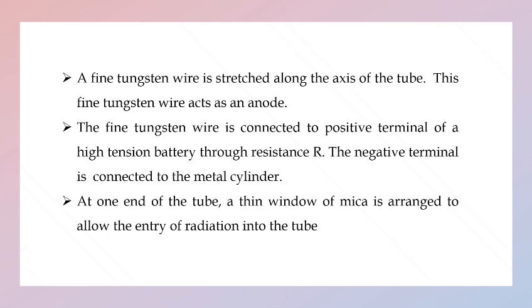The fine tungsten wire is connected to the positive terminal of a high tension battery through resistance R, and the negative terminal of a battery is connected to the metal cylinder, which acts as cathode. And at one end of the tube a thin window of mica is arranged. This mica window is arranged to allow the entry of radiation into the tube.